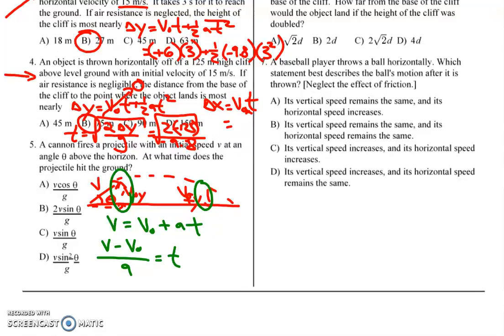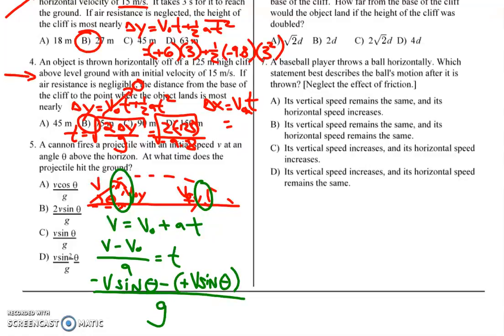But there's a catch here, and we got to be careful about this. The v final, I'm going to call this to be negative. So this is negative v times sine of theta, and I'm going to subtract a positive v sine theta, and that will all be over g.